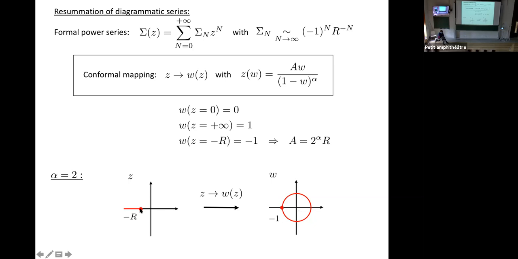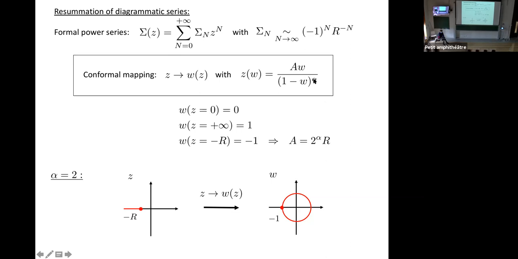And the point z equal to minus r, where we have a singularity, which will cause this sign alternating divergent series, will be mapped onto w equal to minus 1. And this choice here will fix the value of a here. Then we have another free parameter, which is this alpha.